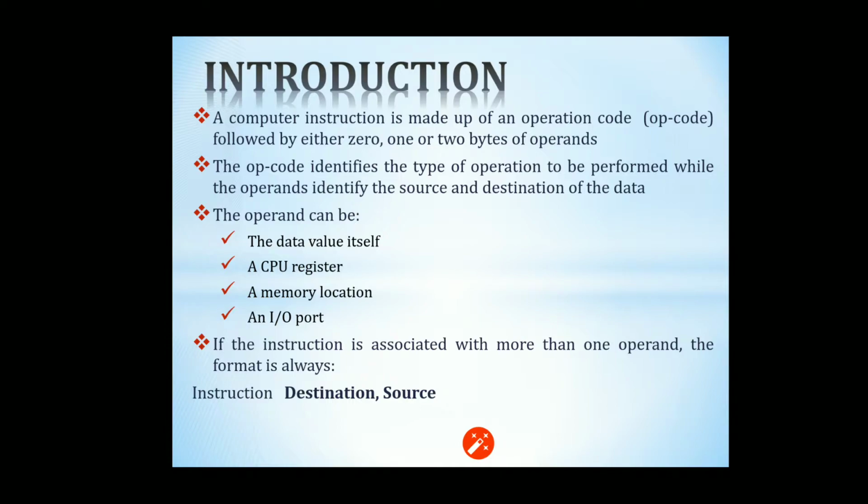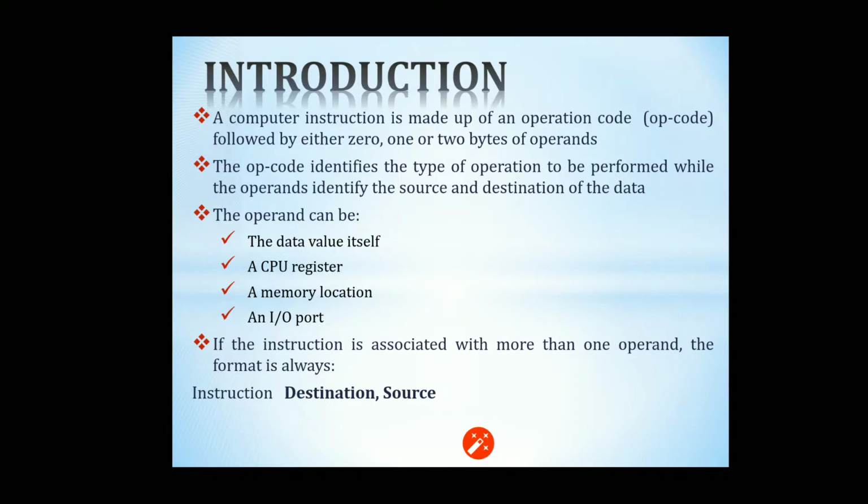The operand can be the data value itself, a CPU register, a memory location, or an IO port. If the instruction is associated with more than one operand, the format is always the opcode, after that the destination and the source.